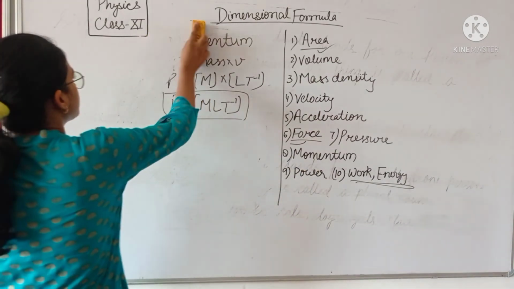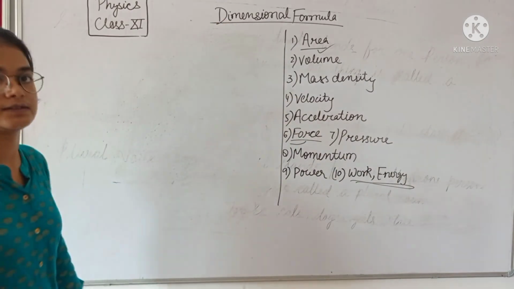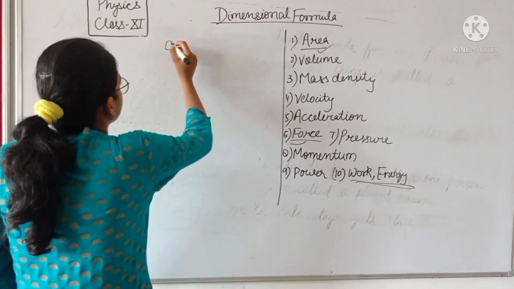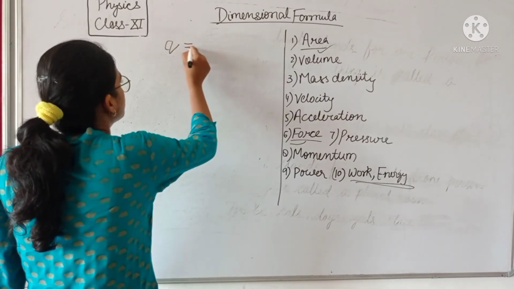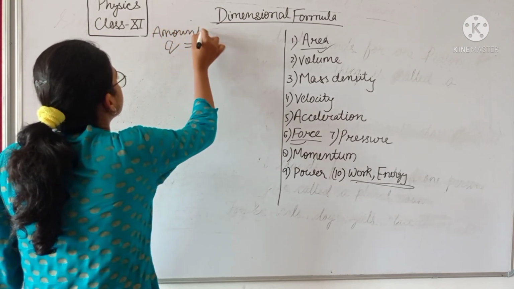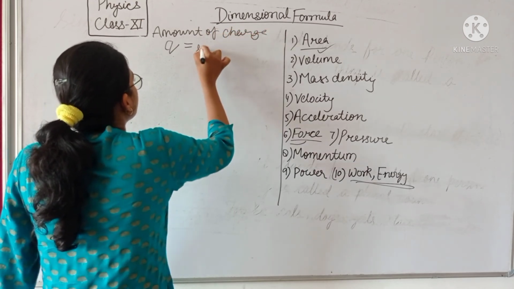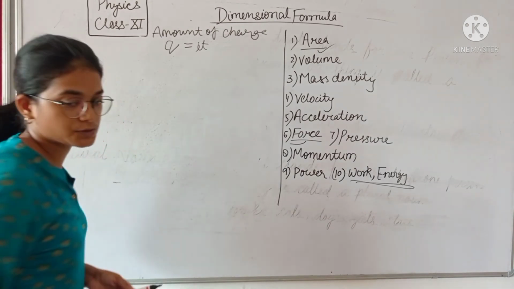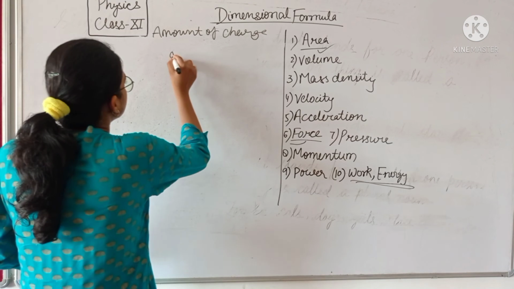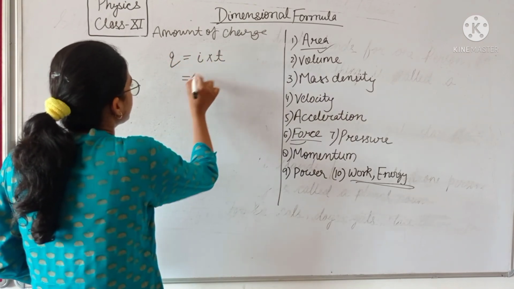Another physical quantity which I want to tell you about is charge. Amount of charge is represented by Q. The formula for this is Q equals I into T. What is I?